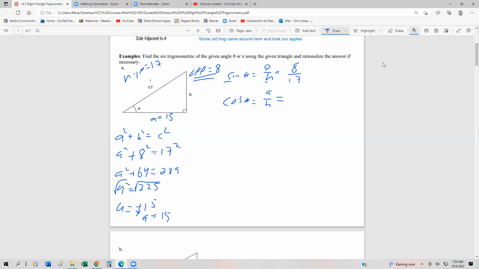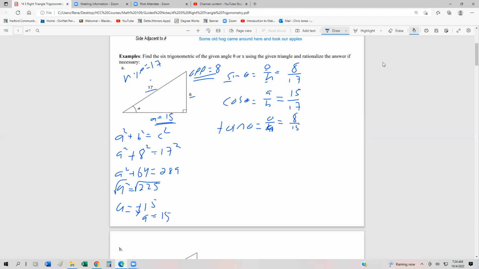And the adjacent is going to be 15, the hypotenuse is 17. And then TOA, the tangent of theta, is going to be opposite over adjacent, excuse me. That's going to be equal to 8 over 15.